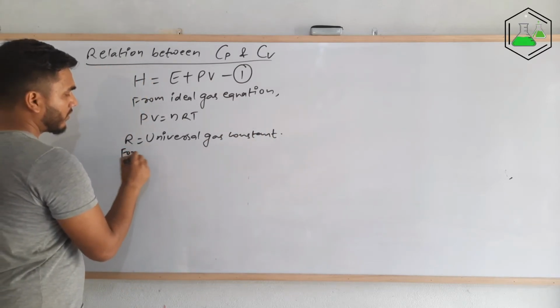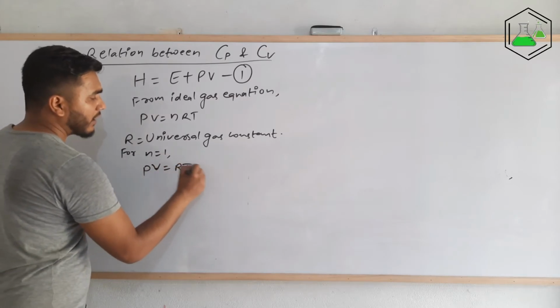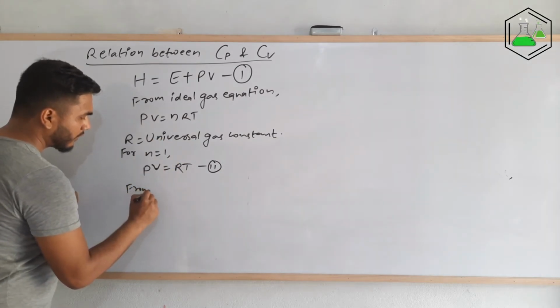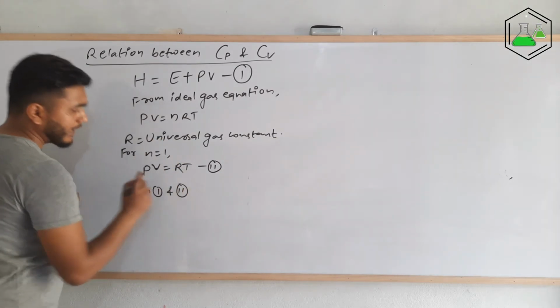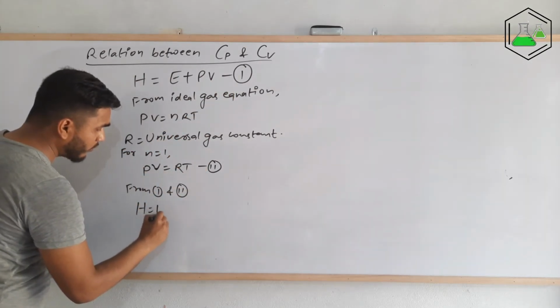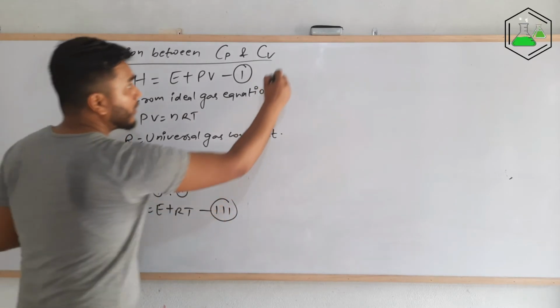For n is equal to 1, PV can be written as RT, equation number 2. Now from 1 and 2, in place of PV, we can write RT. So H will be equal to E plus RT. Let's consider it to be equation number 3.